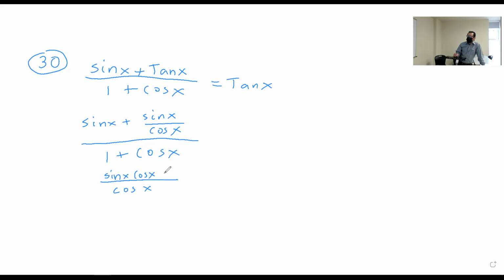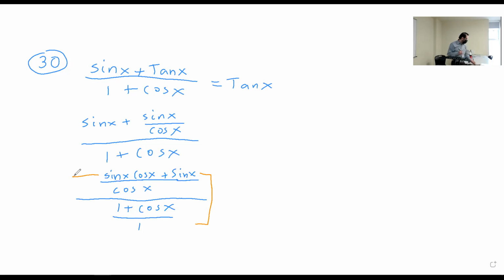And so I'm just joining these two in the numerator, and I'm going to be doing a tortilla law here. And I'm going to continue over on this side.